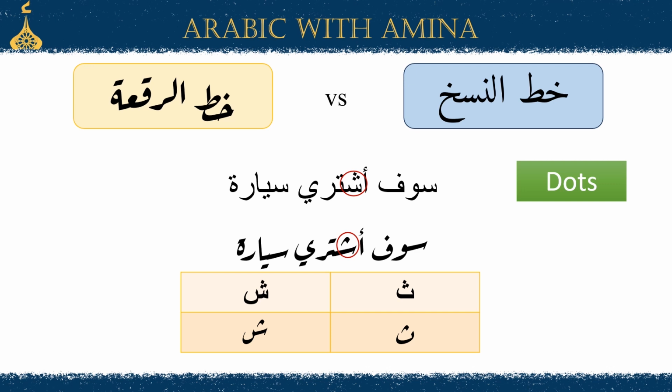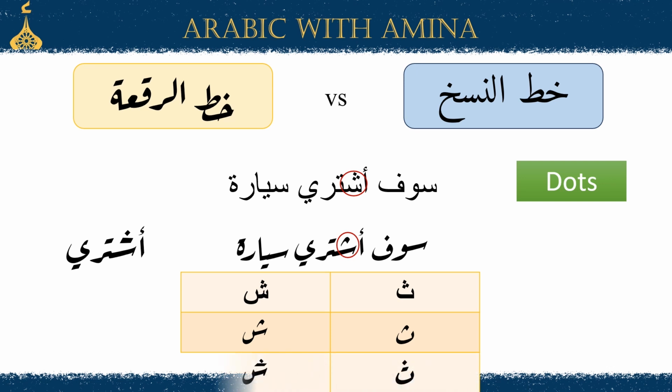There is another common way of writing three dots, and that is by connecting the bottom two dots as a line and placing the third dot on top, such as so.